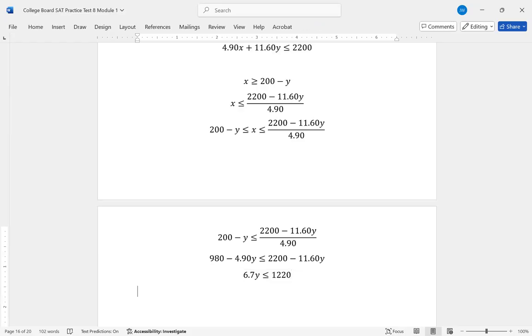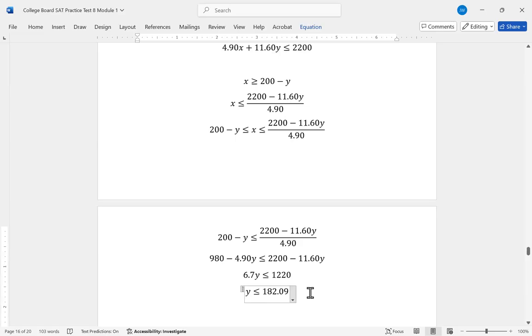Dividing both sides by 6.7 forces my Y value to be less than or equal to 182.09. That's the rounded version.